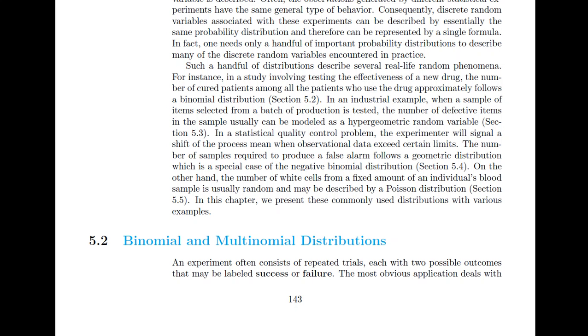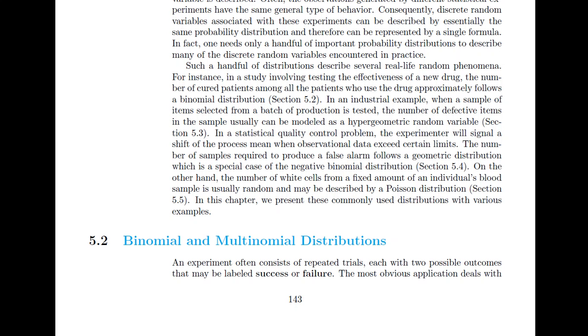On the other hand, the number of white cells from a fixed amount of an individual's blood sample is usually random and may be described by a Poisson distribution. In this chapter, we present these commonly used distributions with various examples.